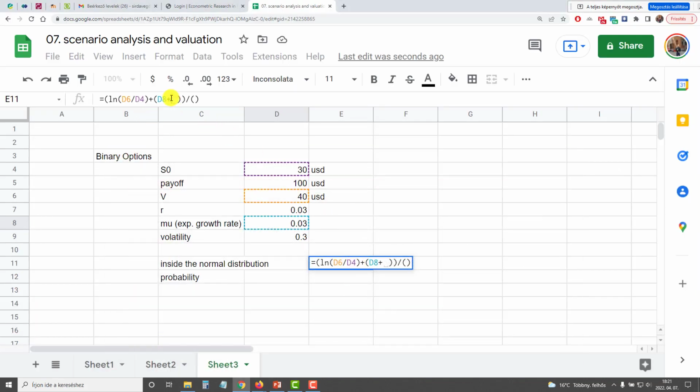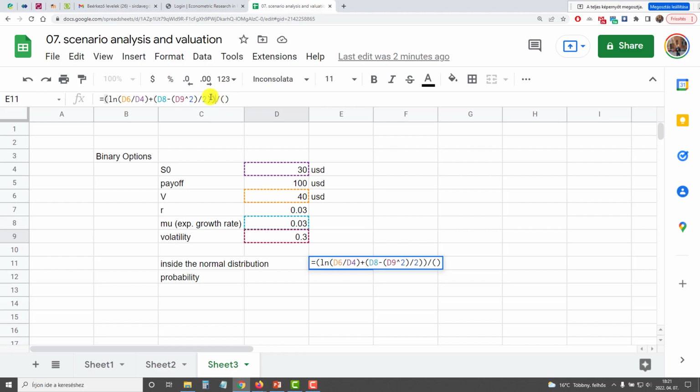Minus, okay. And volatility, let's put it also in brackets because I don't trust this one.